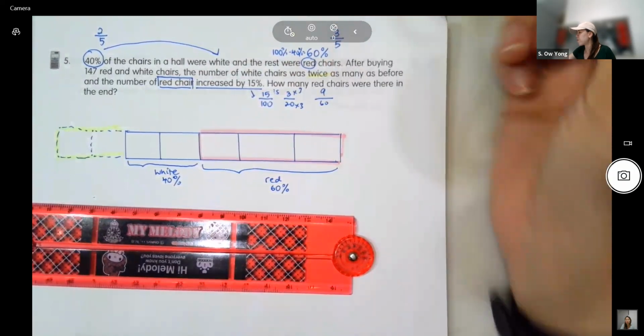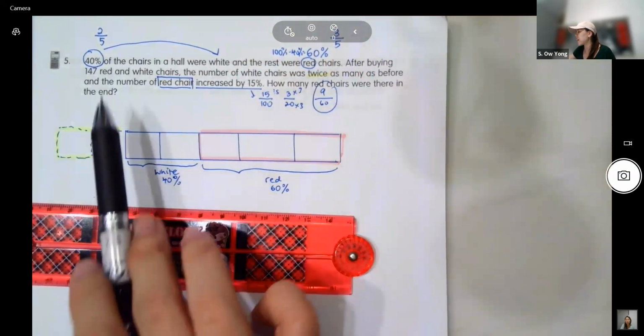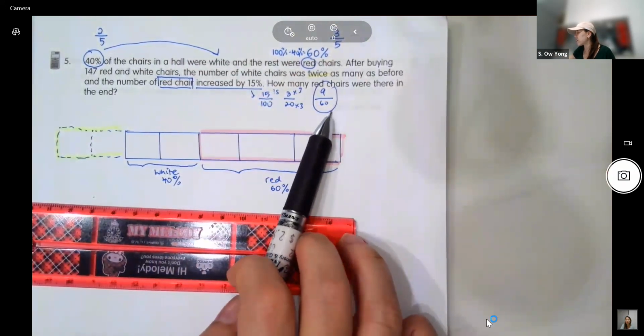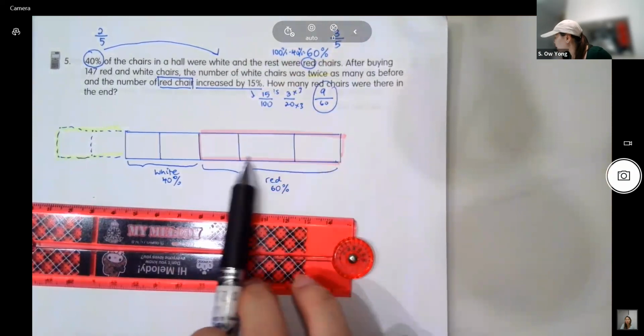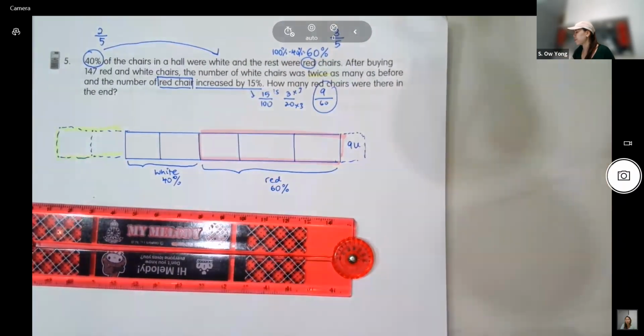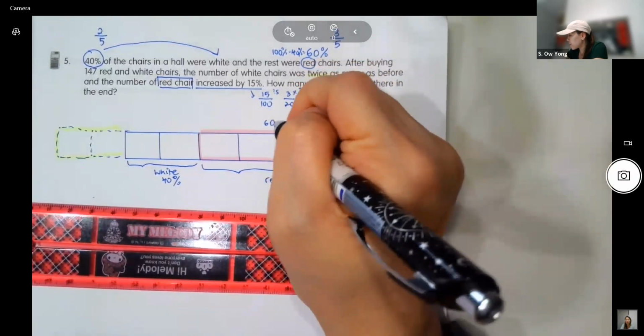If they say the number of red chairs increased by 9 out of 60, it means I take the whole thing as 60 units and I increase by 9 units.